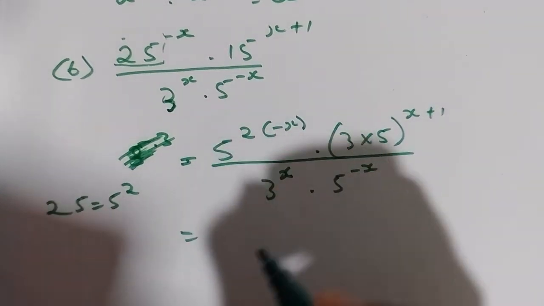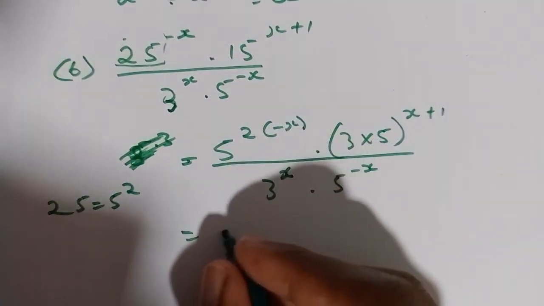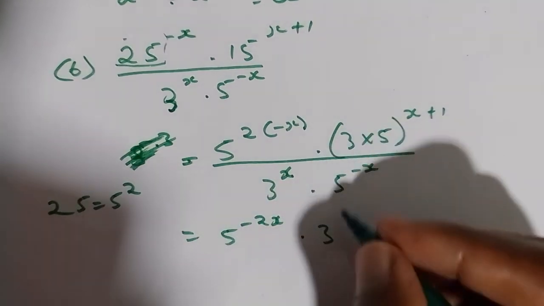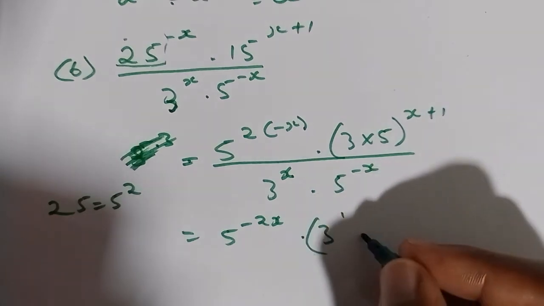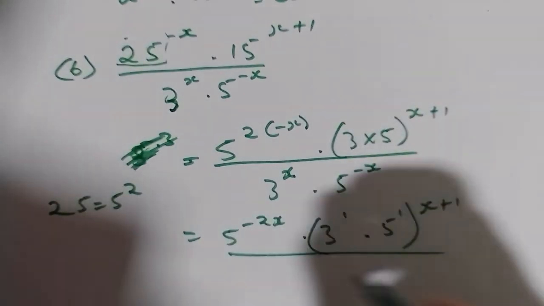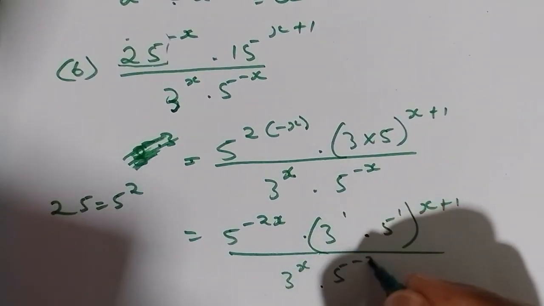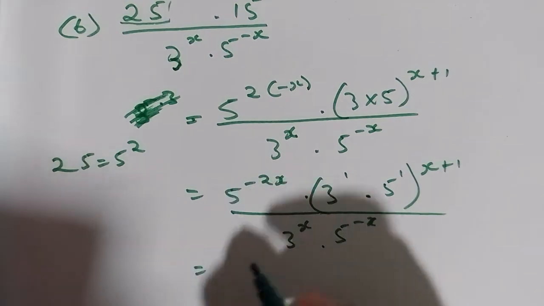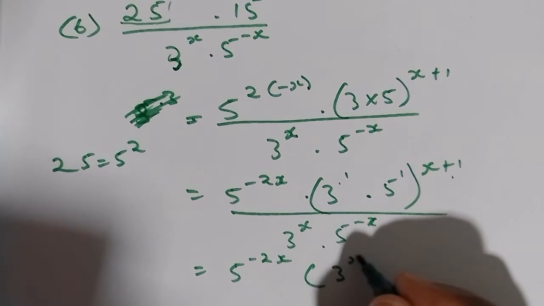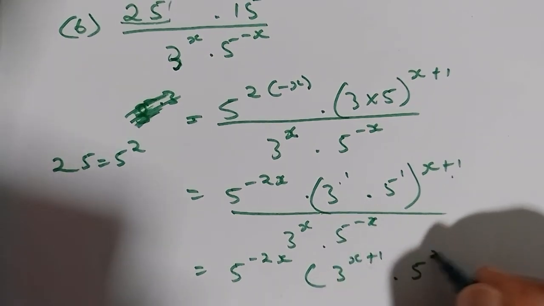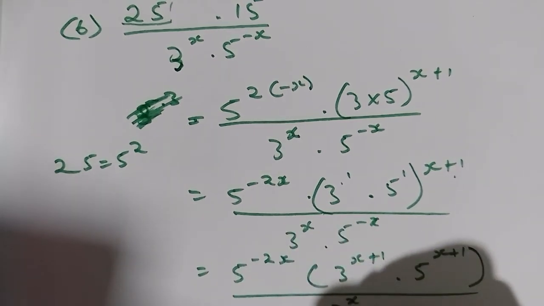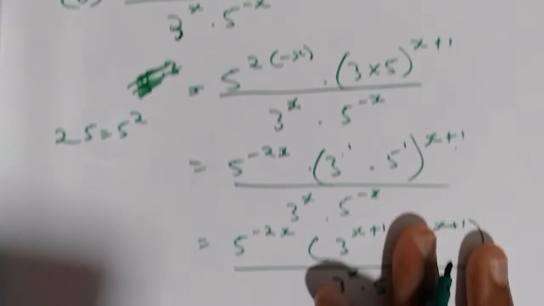And then this will just give me 5 to the power negative 2x multiplied by 3 to the power 1 multiplied by 5 to the power 1 into x plus 1, all over 3 to the power x multiplied by 5 to the power minus x, right? Then this will just give me 5 to the power minus 2x into 3 to the power x plus 1 multiplied by 5 to the power x plus 1, over 3 to the power x multiplied by 5 to the power minus x.